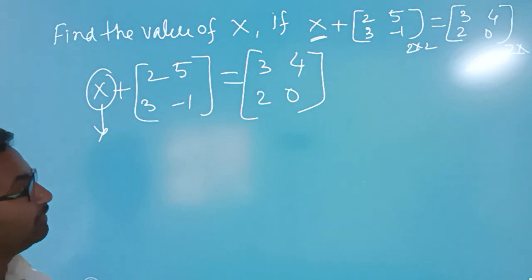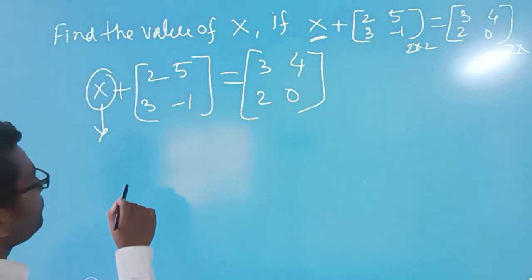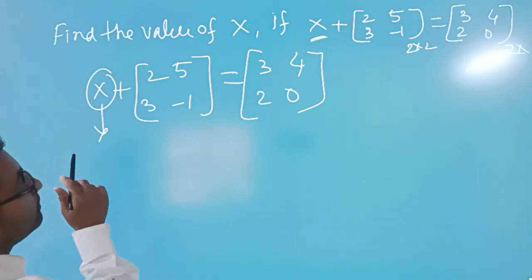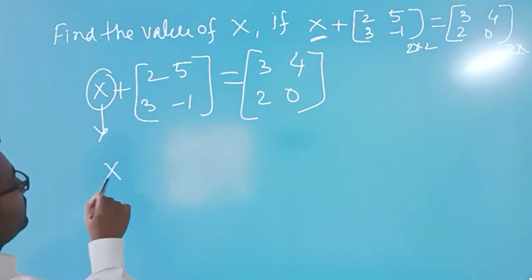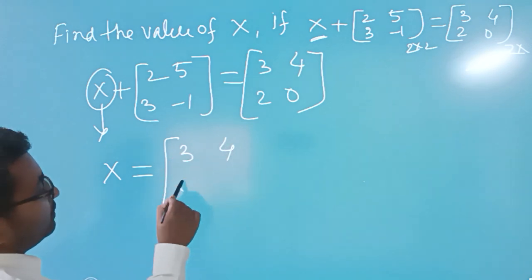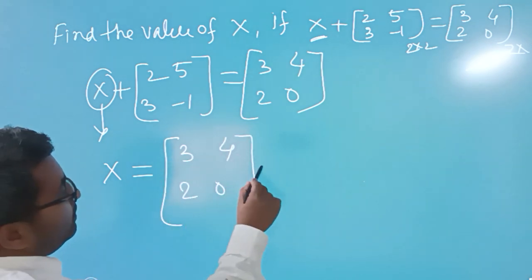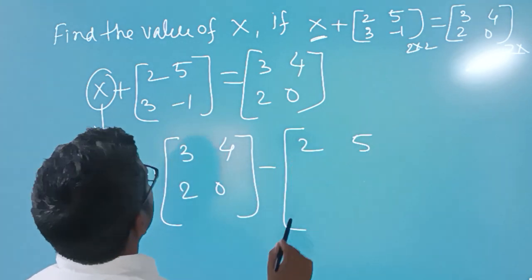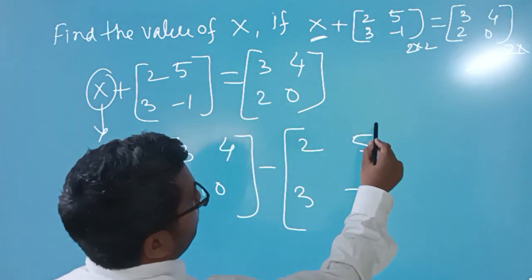That is the addition, so we find the value of x by the reverse operation. x is equal to 3 2 4 0 minus 2 5 3 minus 1.